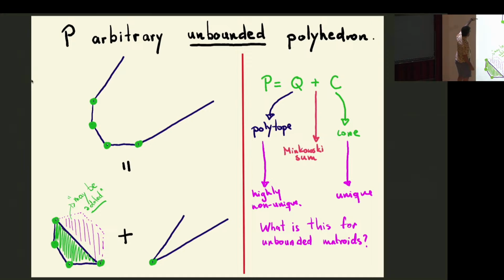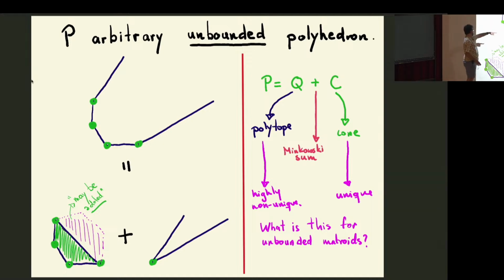And the point is, if I have any unbounded polyhedron, I can always decompose it as some bounded part that corresponds to the vertices, the green vertices that I'm drawing here, and some cone that corresponds to the unbounded directions. Okay? So it's written over there. I have my polyhedron. I have a Q, which is a polytope. It's a bounded thing. It's the convex hull of finitely many points. And there's a cone.